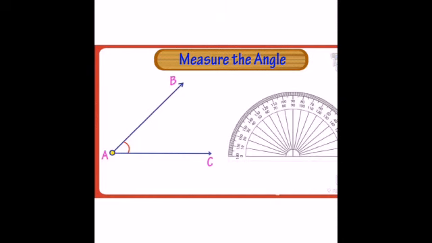We use a protractor to measure the angle. In a protractor, there are 180 equal subdivisions of angles marked 0 to 180. Each subdivision denotes 1 degree. The line segment joining 0 degrees to 180 degrees is called the baseline of the protractor. The midpoint of the baseline is called the center of the protractor.